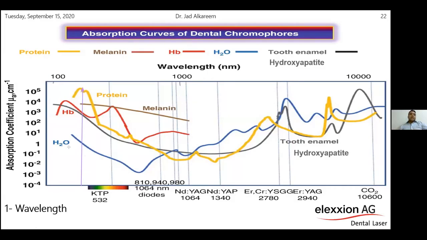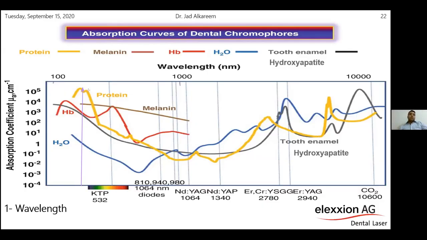You can see that it has medium absorption in the water and also in the hydroxyapatite, but a very high absorption into the protein, the hemoglobin, and the melanin. So mainly the blue laser will be focused on cutting soft tissue, but on hard tissue it will have less effect, because hard tissue usually consists of water, hydroxyapatite, and a smaller amount of protein.